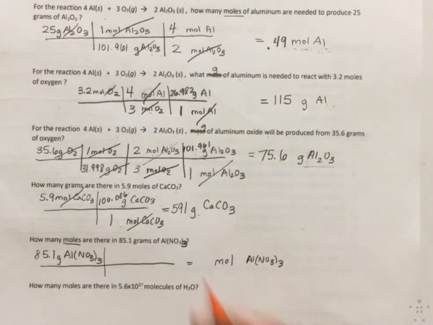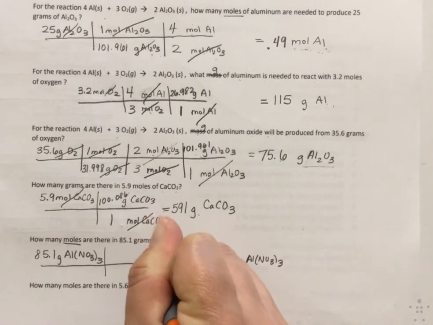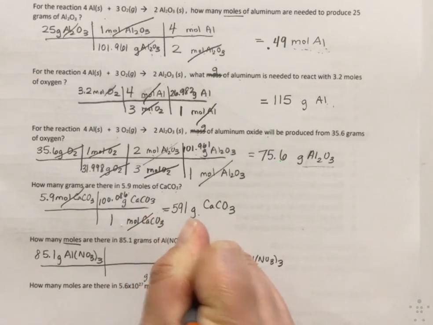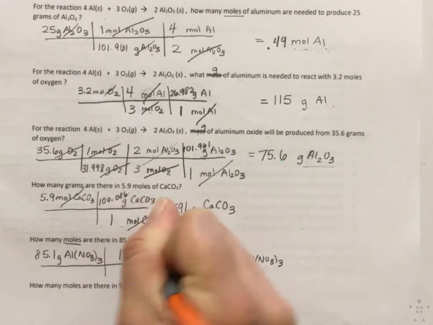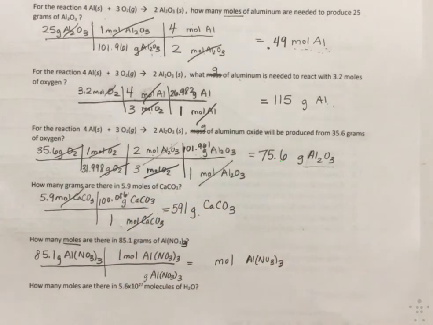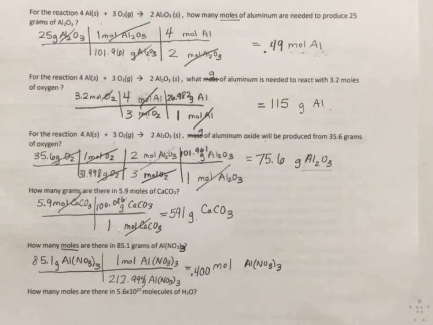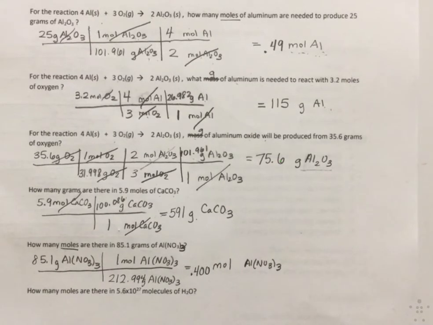So no mole ratio here either, so it's just going to be 1 step. So I just have to solve for my molar mass and then do my division, and I'm done. And that will take care of that one as well.